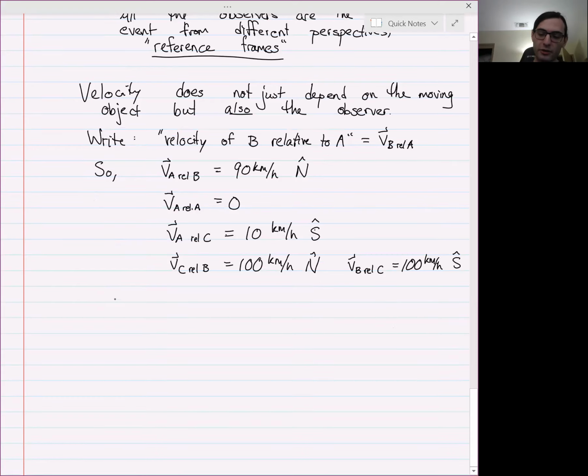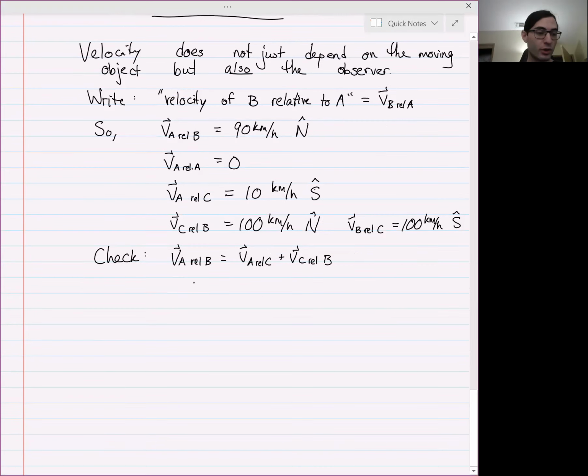Well, it turns out, and perhaps you can just guess, that the velocity of A relative to B is equal to the velocity of A relative to C plus the velocity of C relative to B. And we can check this. Charlie has the train's perspective. So the left-hand side should be 90 kilometers per hour north.